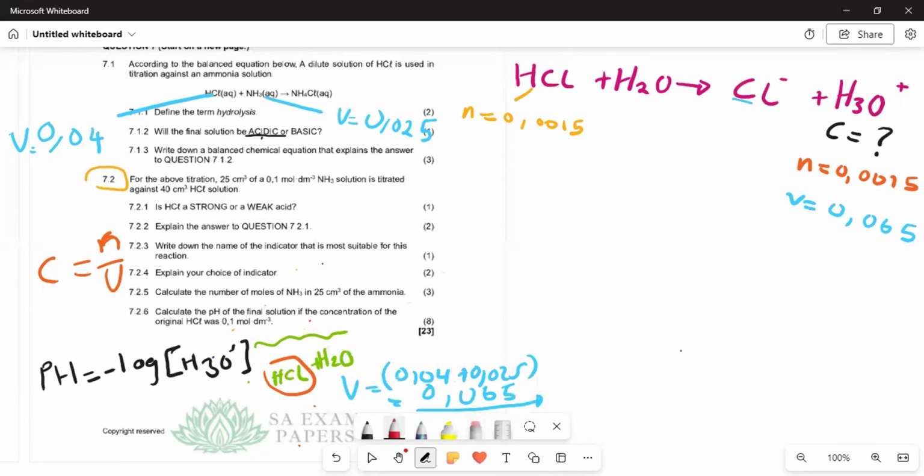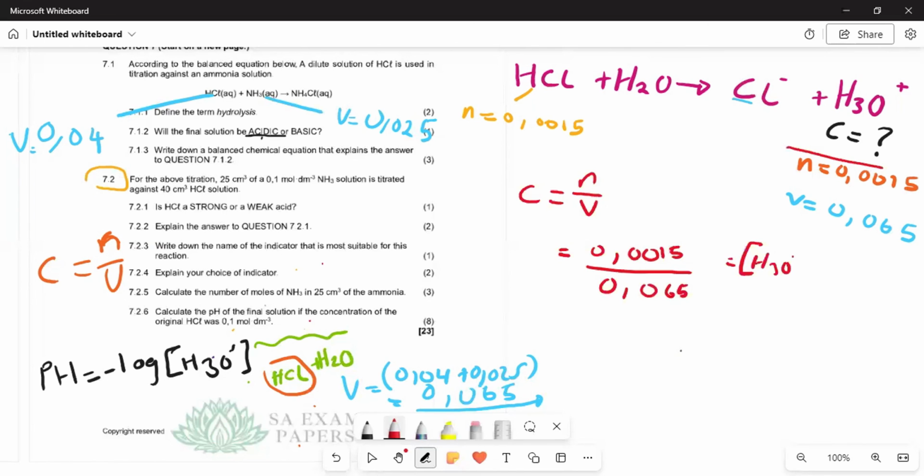Now, I found my volume here, so I can find the concentration, which is what I was looking for. Remember, making use of C is equal to n over V, I'm looking for the concentration of H3O. In this case, my number of moles is 0,0015 divided by my volume of 0,065. As a result, the concentration of H3O will be equal to, remember you don't round off until you get to your final answer, 3/130.